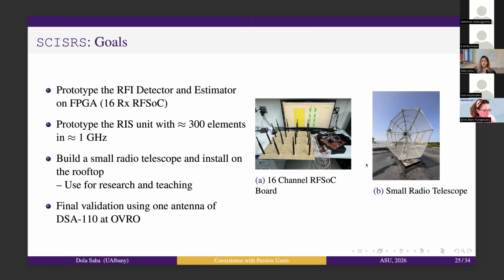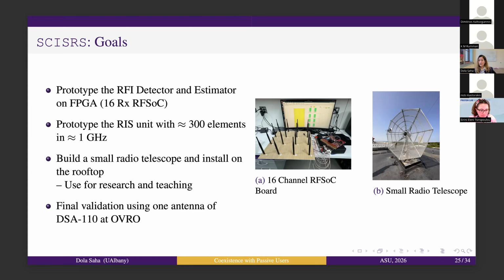And this is a small radio telescope, so our initial goal is to build an RIS unit with a smaller number of elements, and then use that. And this is actually on the University at Albany's rooftop. It was there for a long time and was not used, so we didn't actually buy this. We were fortunate enough to find this, and now we are in the process of refurbishing it.